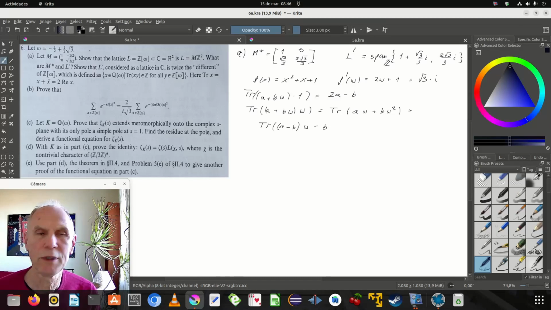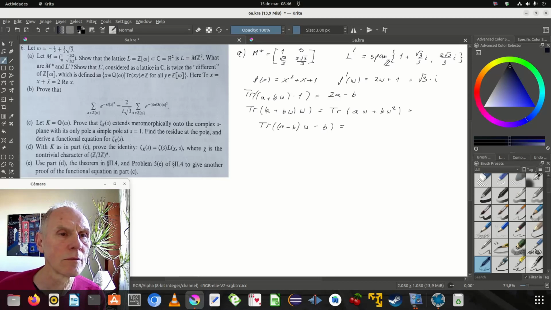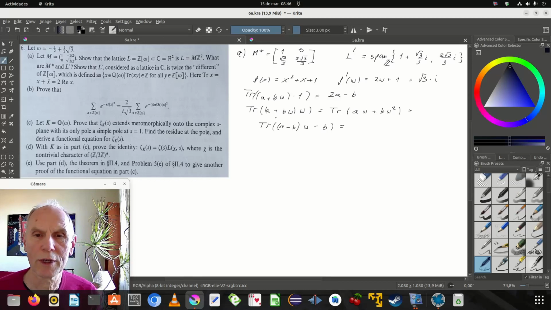times minus omega minus 1. And that's minus 1/2, so it's the sum of that and the complement.